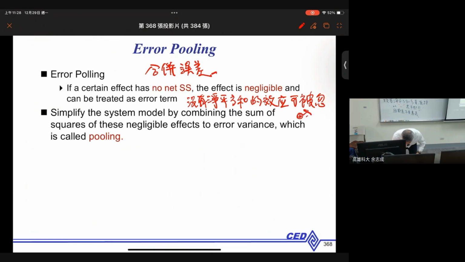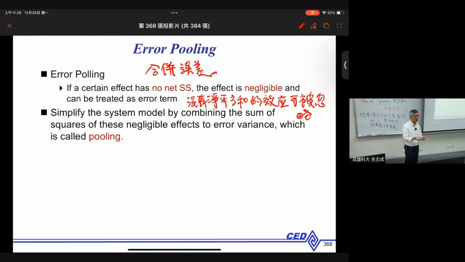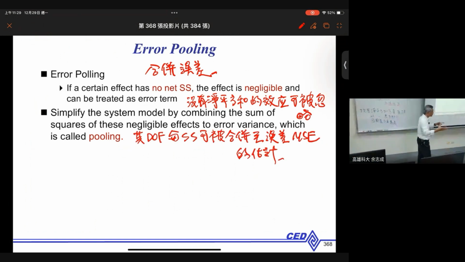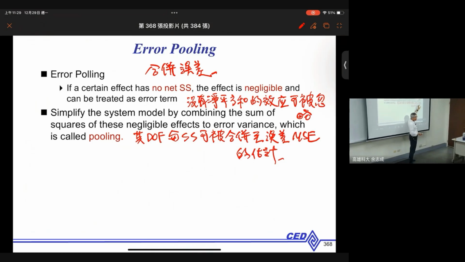It is negligible. If it is negligible, the sum of square and degree of freedom can be pooled into error to estimate.